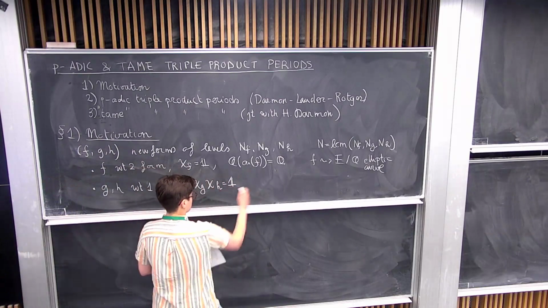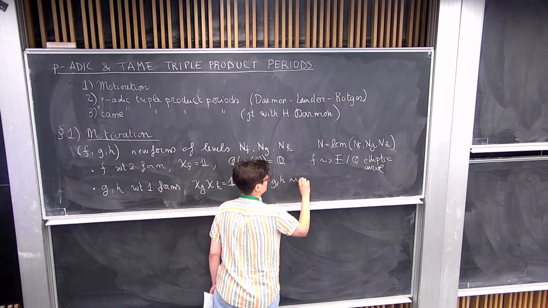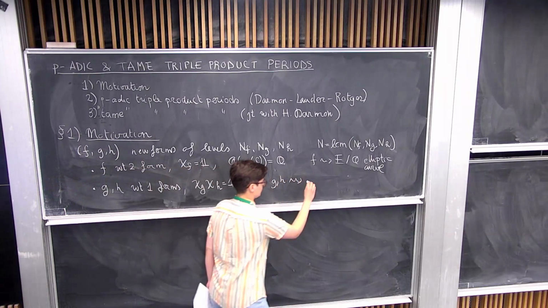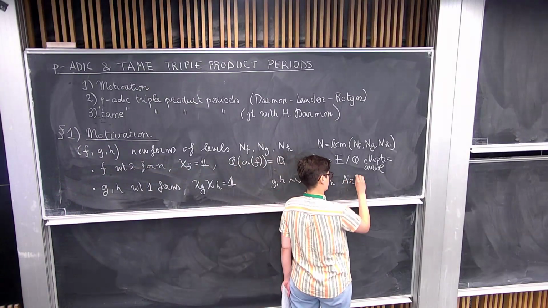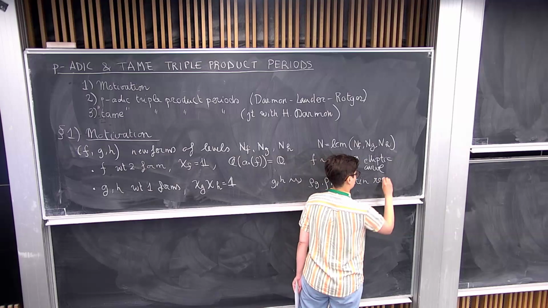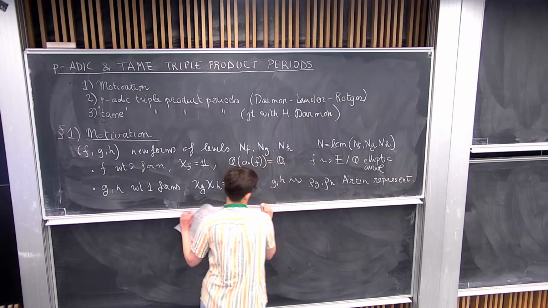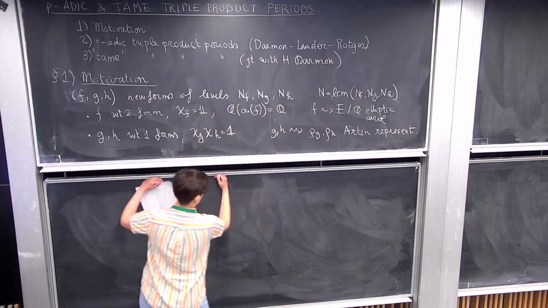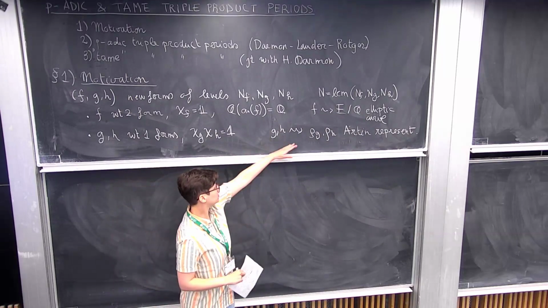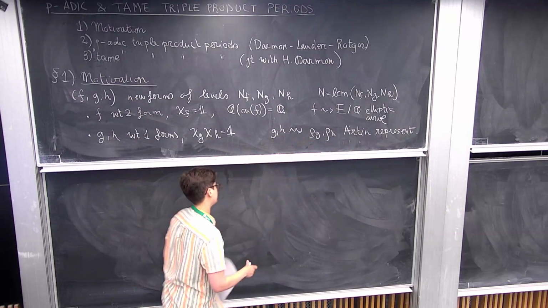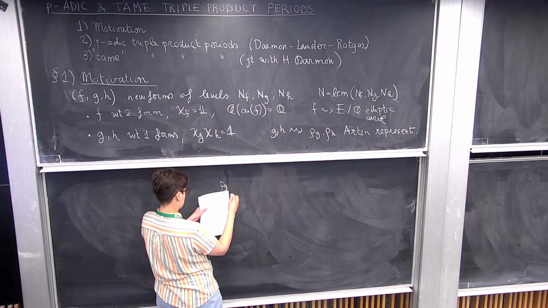So that I can attach to them a pair of Artin representations. What I'm going to talk about will have to do with the tensor product of these Artin representations, which I'll denote as rho_GH.